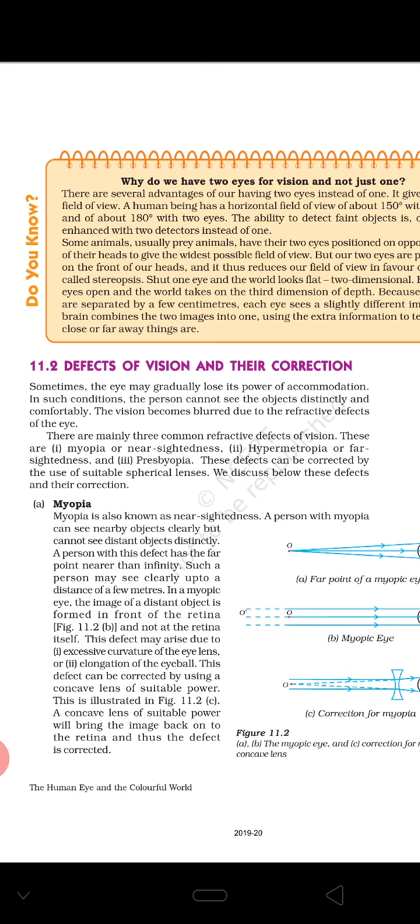Okay, so mostly we have three types of the defect. First we have myopia. Myopia is also known as the nearsightedness, hypermetropia, farsightedness, and the presbyopia. So first discuss the myopia.